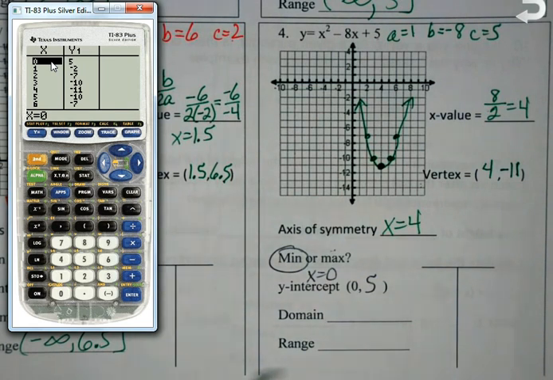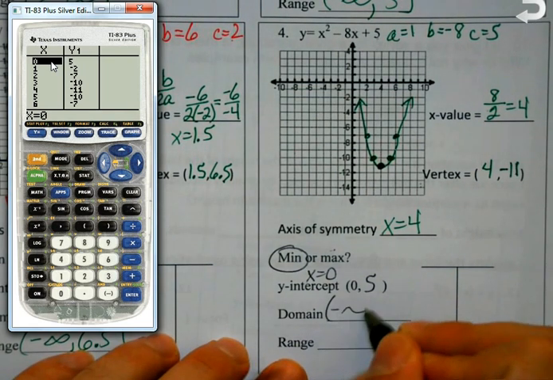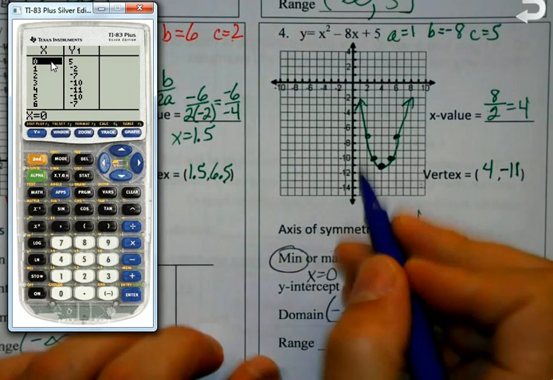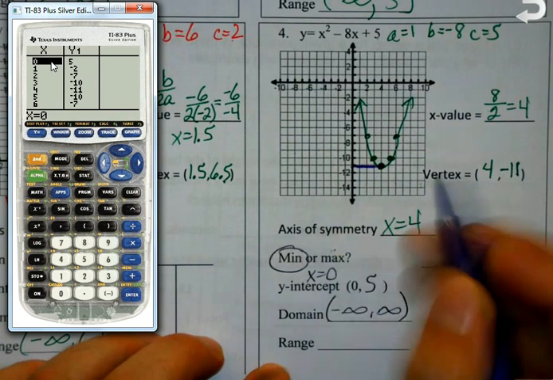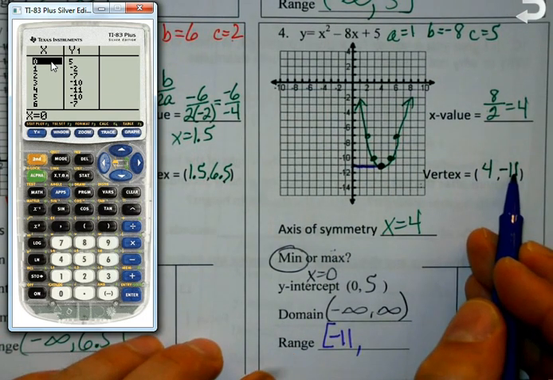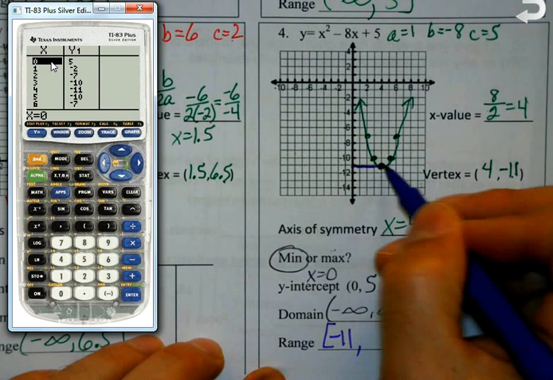So all of this stuff intermixes to make life a little bit easier on you. Now this time, does my graph go down forever? No. It's got a point where it stops at -11, just like it was in the vertex. But it does go up forever.